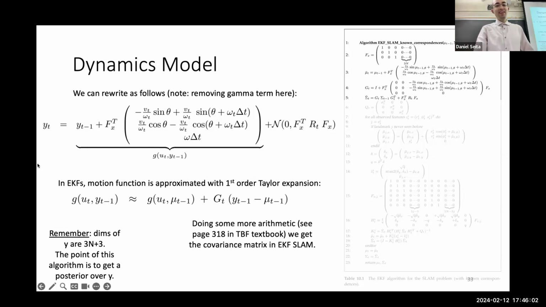The motion function is approximated by the first order Taylor expansion, where you have G. Remember that the motion model is now u_t and y_{t-1}, because y is like the state now. I'm not going to go through the arithmetic; you can just see what it looks like, and then you get this G term here.